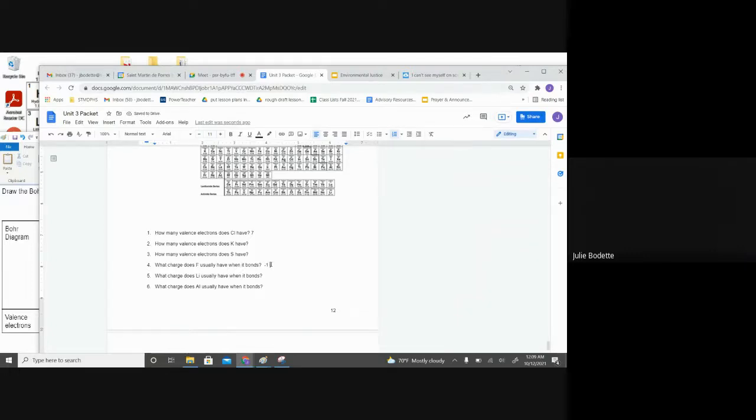Is -1 lost or gained electrons? So that is gained, right? Gained electrons. Because it's a negative charge, right? You gained more negative electrons. Okay, but the charge is -1. And then if you wanted to put some additional information, you could say that it gained 1 electron.